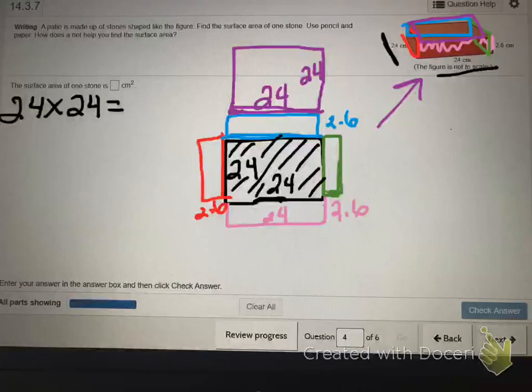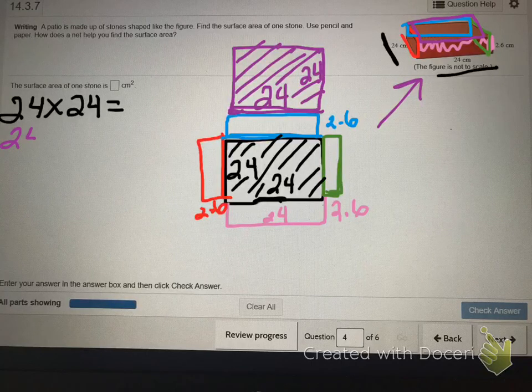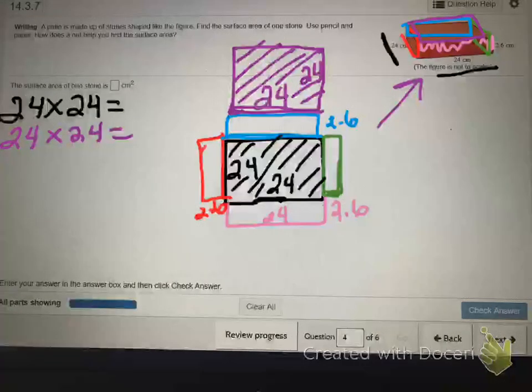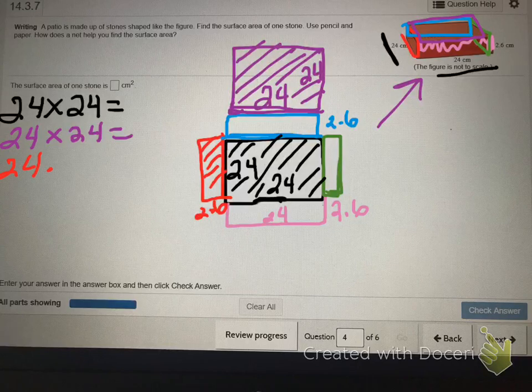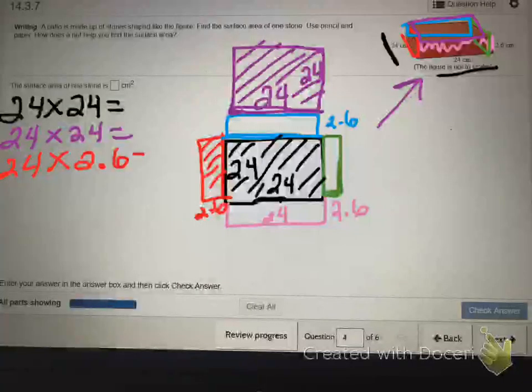And then I'm also going to put the purple on there next, because that purple shape and the black shape are exactly the same. So 24 times 24. And my red shape over here is going to be 24 times 2.6.